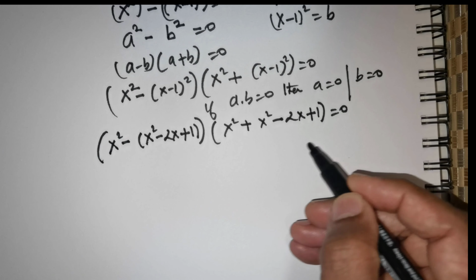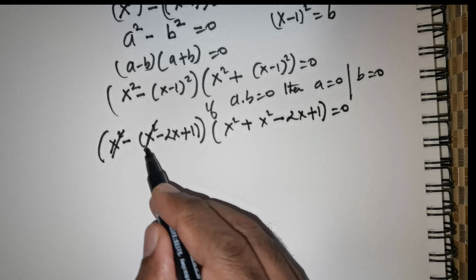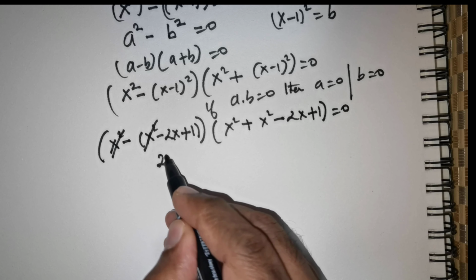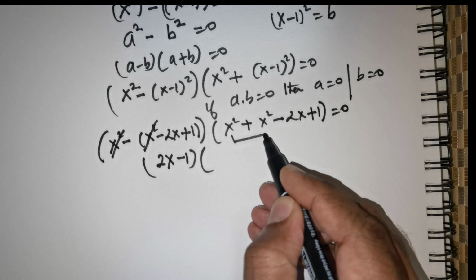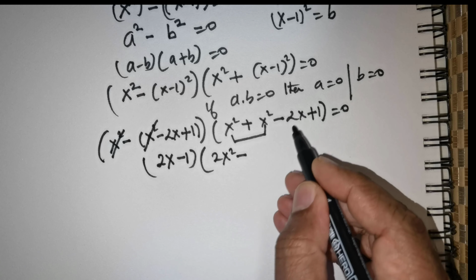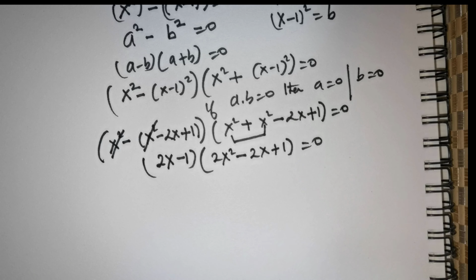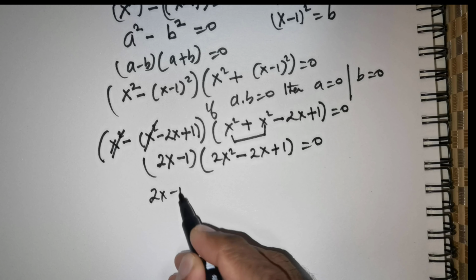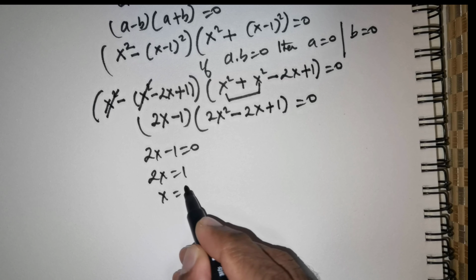This is equal to 0. So clearly x squared minus x squared gets cancelled. This is going to give me positive 2x - 1, and x squared added with x squared will give me 2x squared - 2x + 1 is equal to 0. So if I were to take 2x - 1 is equal to 0, from here I get 2x is equal to 1 and then x is equal to 1 over 2.